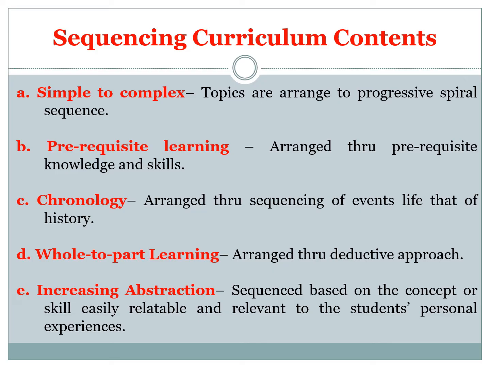Okay? Now, simple to complex highlights that topics are arranged in a progressive spiral sequence. The one that we call spiral progression, the one that I just mentioned seconds ago, was an example of simple to complex, which once again is featured under the K-12 curriculum. Second, prerequisite learning. What is that? Arranged through prerequisite knowledge and skills.